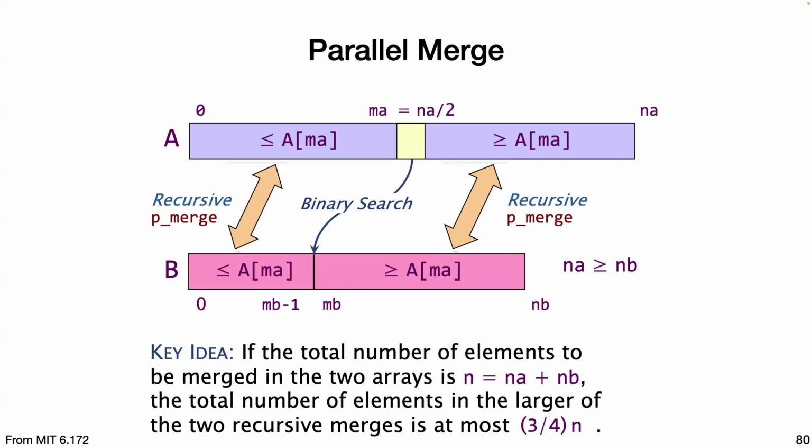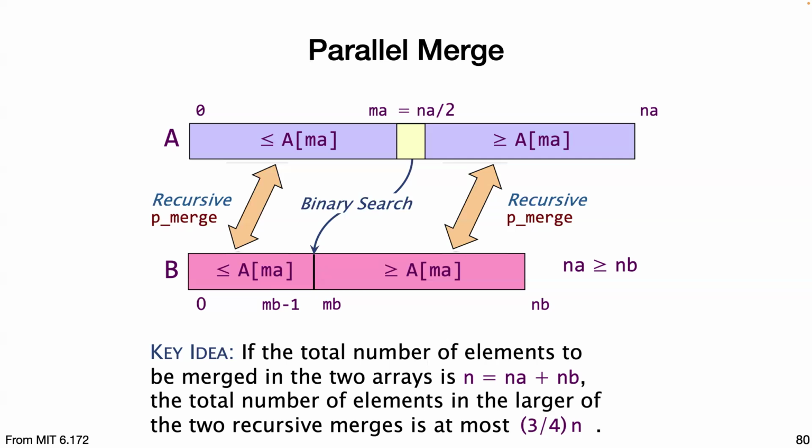Now you have two halves, left and right, in both A and B, where the left half in A and B is smaller than the midpoint, and the right half in A and B is bigger than the midpoint. So now you can make a recursive call on both halves, the left side and the right side, and both of them can proceed independently because you have this guarantee that the stuff on the left is smaller than the pivot and the stuff on the right is bigger than the pivot.